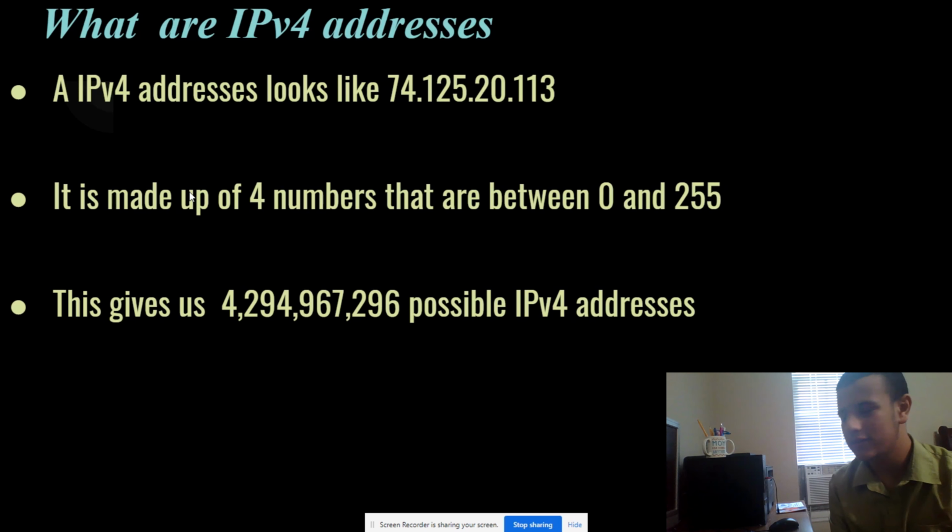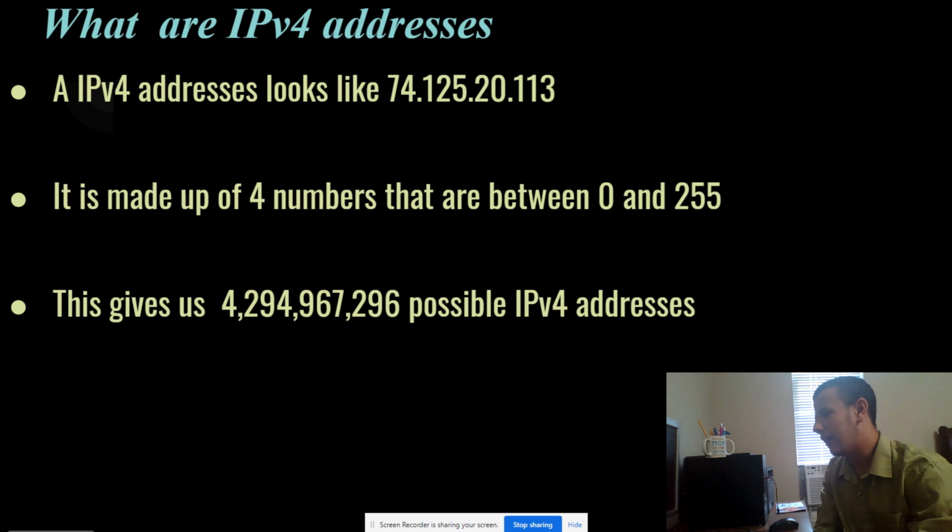Now, you might be thinking 4 billion-ish is a lot of IPv4 addresses, but I want you to think for a minute how many connected devices you have. You have your smartphone, your game console, your laptop, your PC, your Xbox connecting to the internet. That's quite a bit of devices. And so 4 billion is a lot of devices, but we eventually realized we were going to run out of IP addresses. So how do we fix this problem?